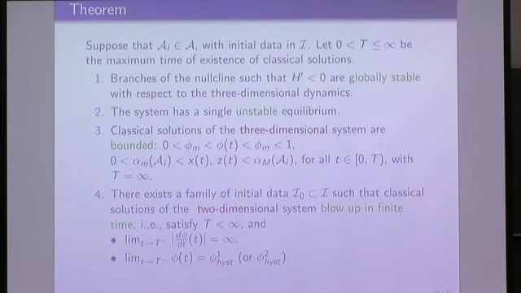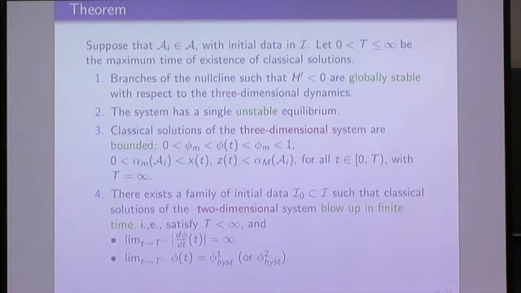Okay, so now I'll show you a couple of theorems. First of all, I take A to be the set of parameters that make sense for the system, and here I take a set of initial data that again makes sense. Suppose capital T is the maximum time of existence of classical solutions, in other words, C1 solutions of this ODE.